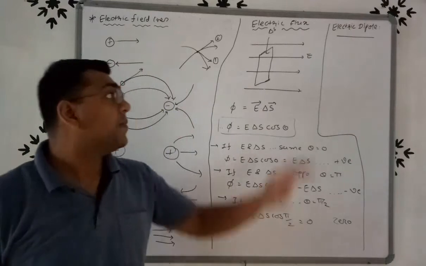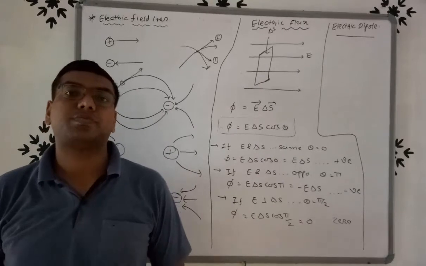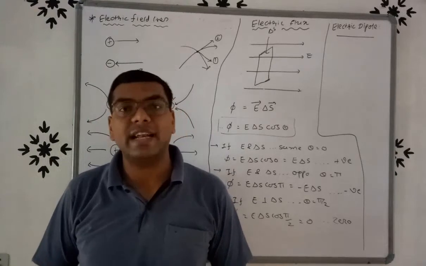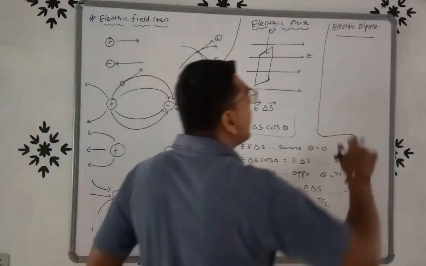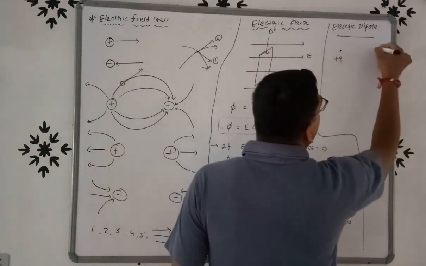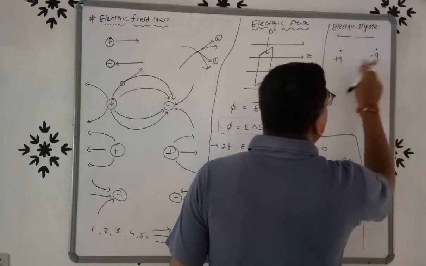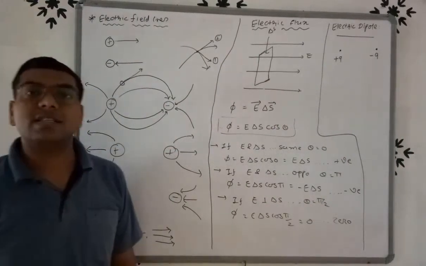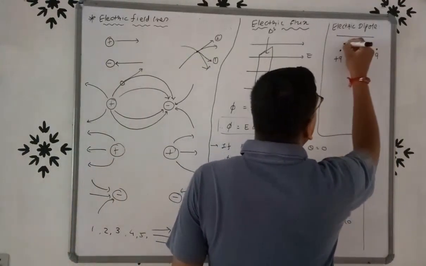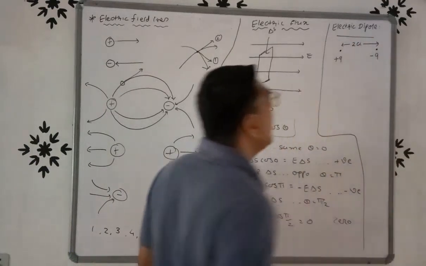I repeat once again, electric dipole is a system of equal and opposite charges at a finite distance. So this is the charge plus Q and this is the charge minus Q, right? It is a system of equal and opposite charges but at a finite distance. Remember that here the distance between plus Q and minus Q is 2a, right?